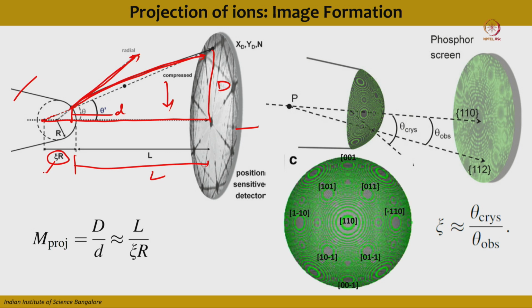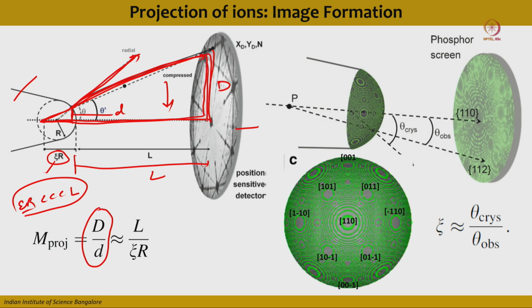As you can see, this particular xi r is much lower than L, okay. If you see these two triangles, triangle 1 and triangle 2, and apply the analogy, you can deal with the projection magnification M as D by d, meaning the distance between these two.